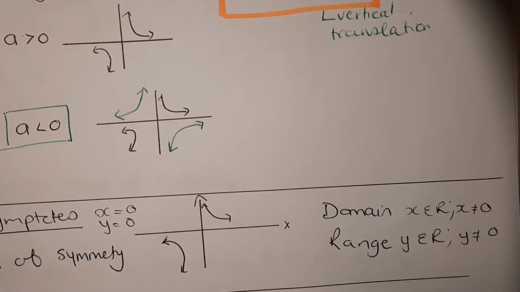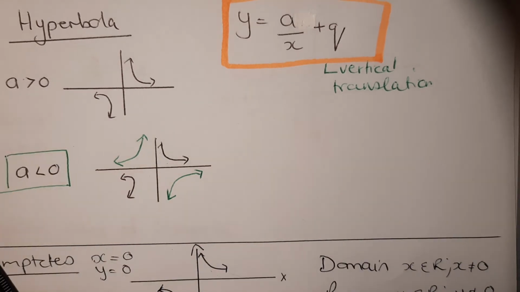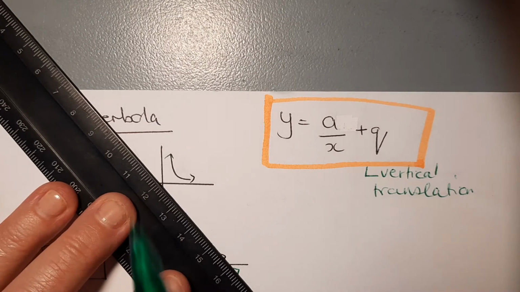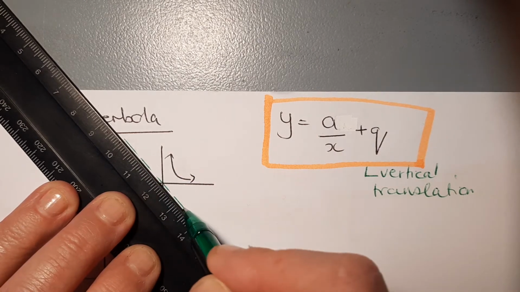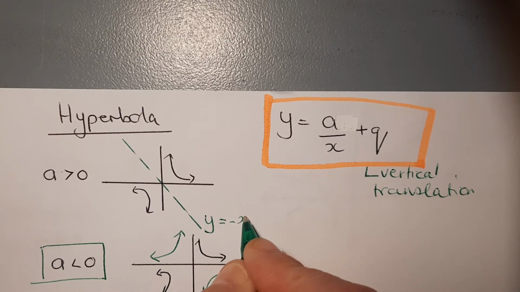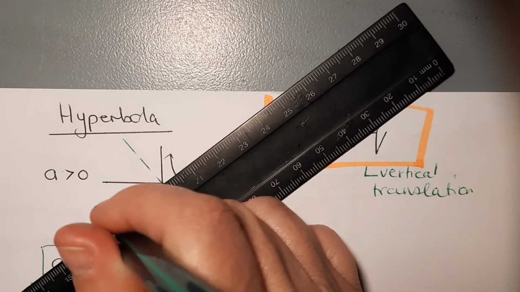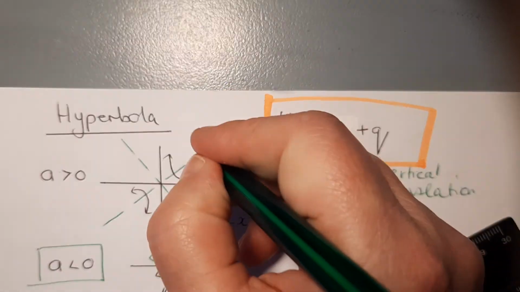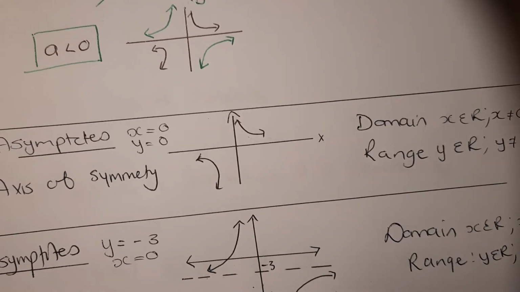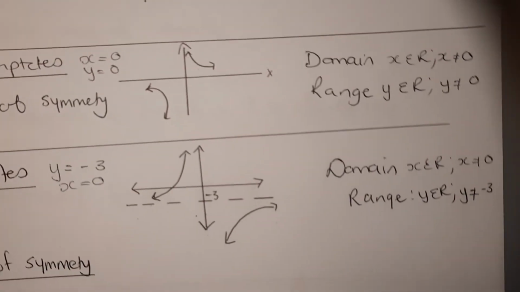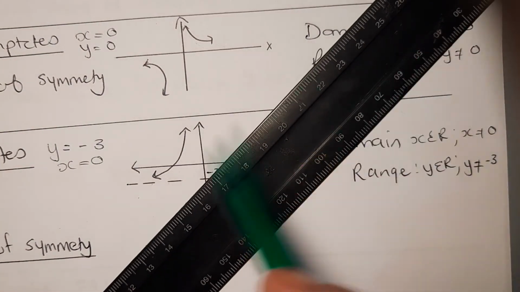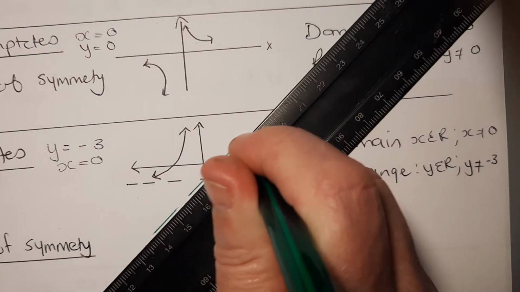Now let's go and look at the axis of symmetry. It is my reflection line, my mirror line. So if I recall from grade 10, my axis of symmetry is going to be y is equal to negative x, and in this case it's going to be y is equal to positive x. If I look at this example, then my axis of symmetry will be ascending.